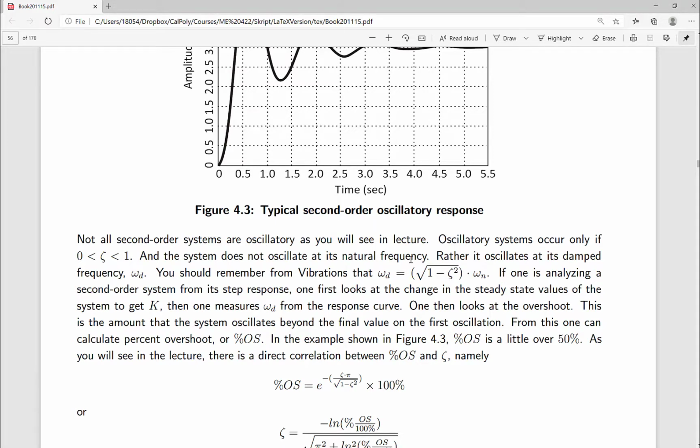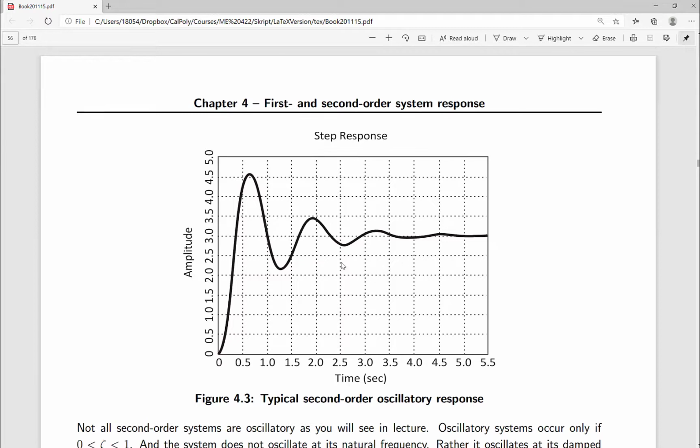Now there's another interesting and important feature of this step response, and that's called overshoot. We go from a certain point before we introduce the step input to a new point when the oscillations die off.